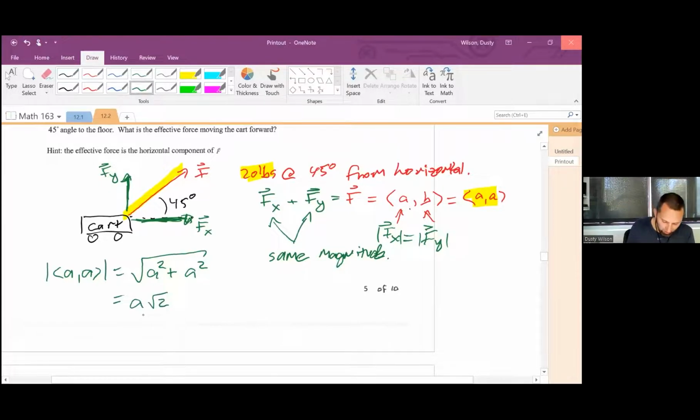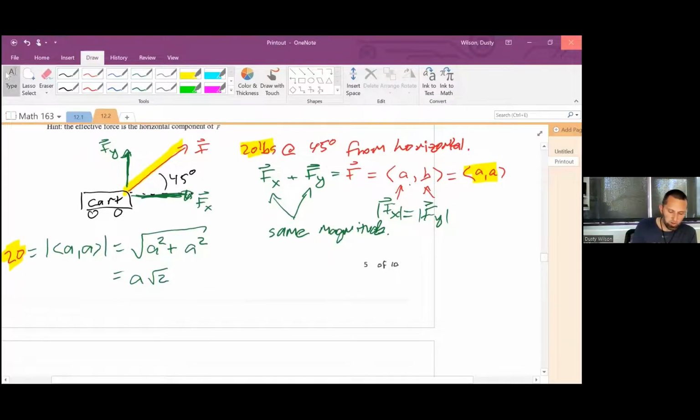And we're thinking this is equal to 20. Okay. So if 20 is equal to a times square root of 2, because a squared plus a squared is 2a squared, pull the a squared out as an a, then we should see that a is equal to 20 divided by square root of 2.